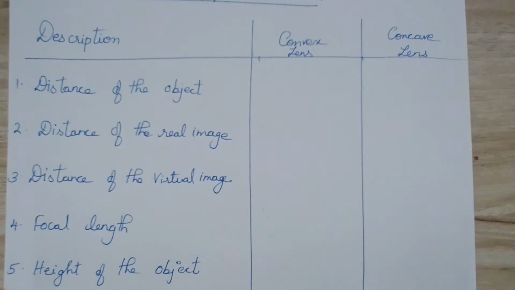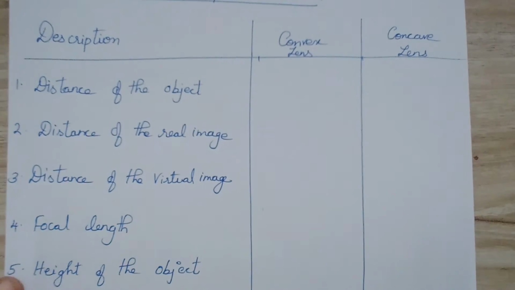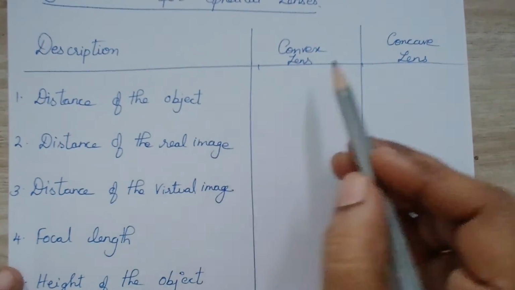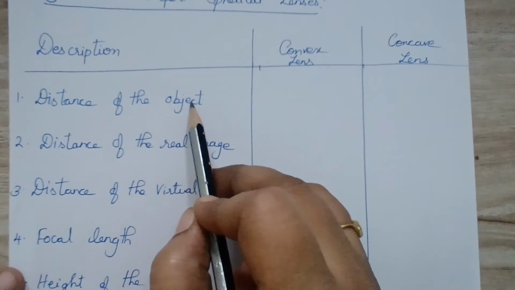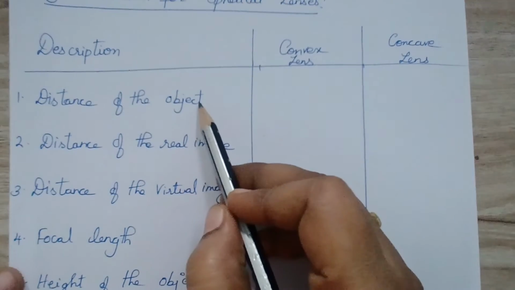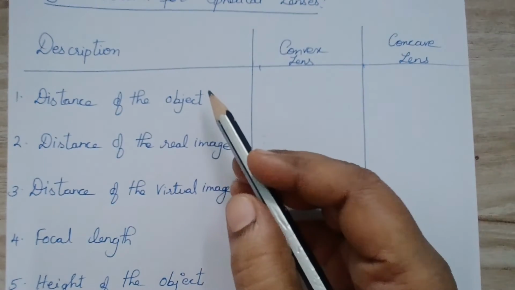And the next one is sign convention. You know how we use the sign convention for the spherical mirror. The same thing is applicable for the spherical lens also. Quickly we'll do this. For the convex lens and concave lens, the distance of the object: the object is always kept on the negative side of the x-axis, right?